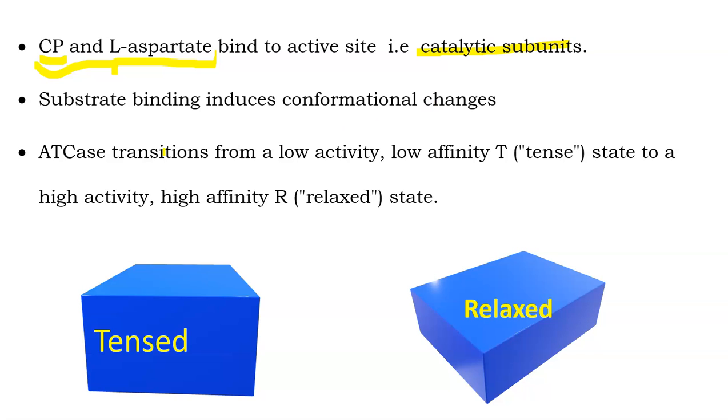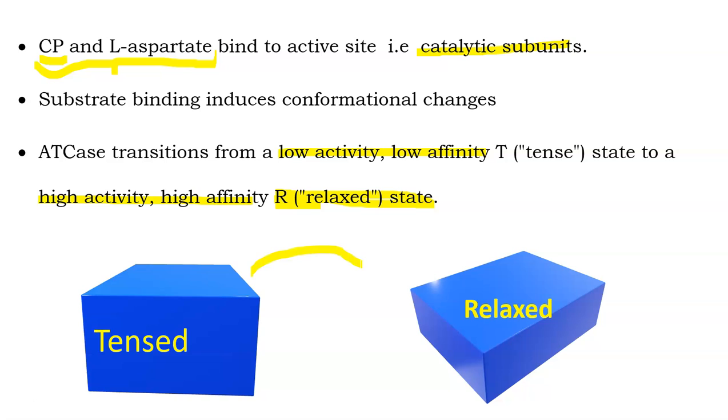How are they increasing it? The enzyme changes from a low activity, low affinity T state to a high activity, high affinity R state. What is called the T state? I explained to you that it is the tensed state. The R state is the relaxed state, where the enzyme is functioning, catalyzing its reaction.